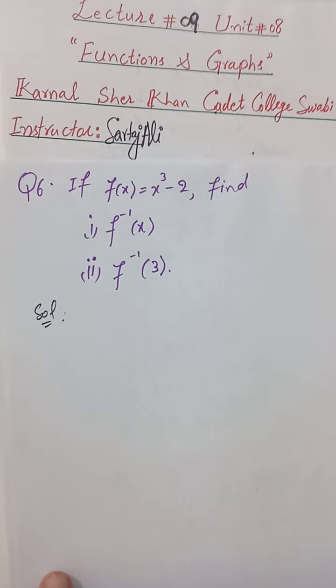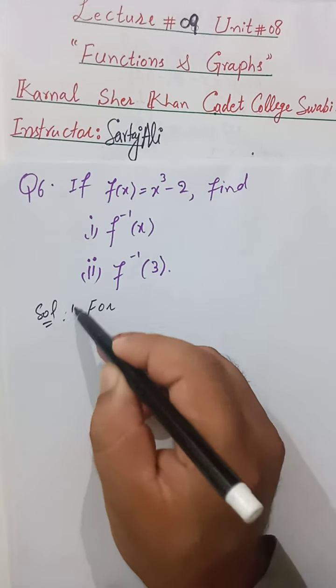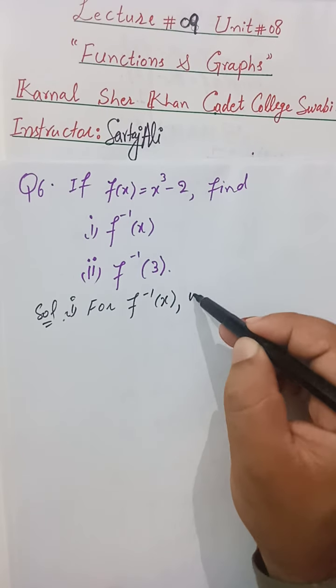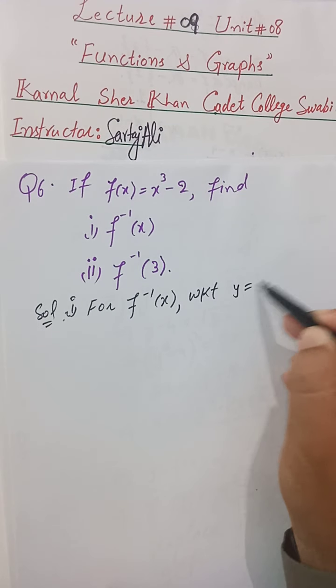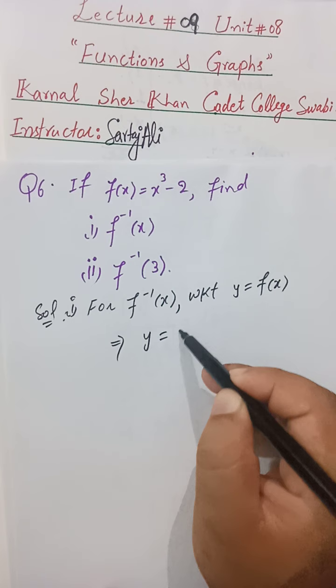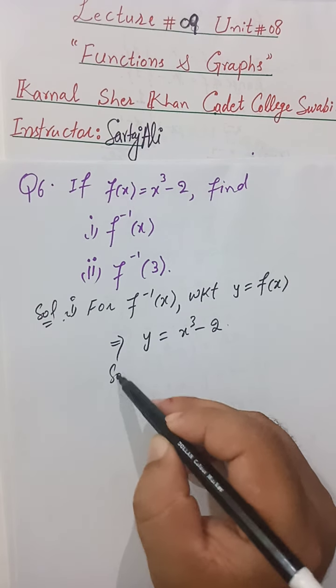So for f inverse, part 1, for f inverse of x, we know that y is equal to f of x. So this implies that y is equal to x cube minus 2. So solve this equation for x.